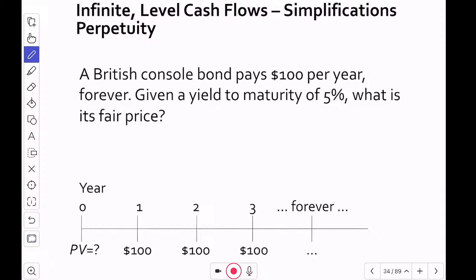So what would that formula be if this is the timeline, and this goes on forever?